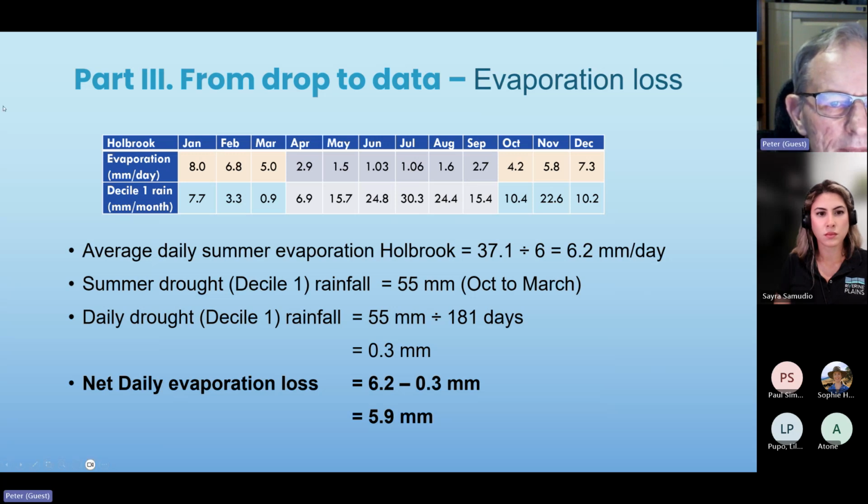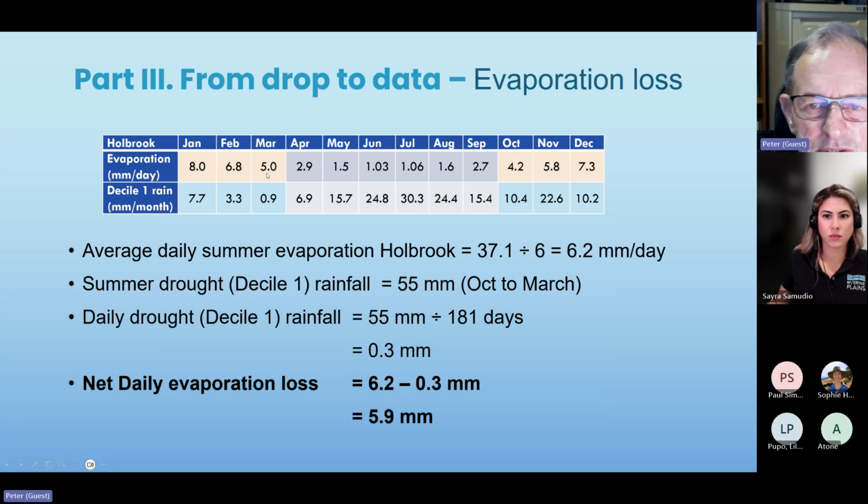And what we've got here is for the months of the year. In January, the average evaporation is 8 millimetres per day. In February, it's 6.8 millimetres per day. March, it's 5 millimetres per day, and so on.